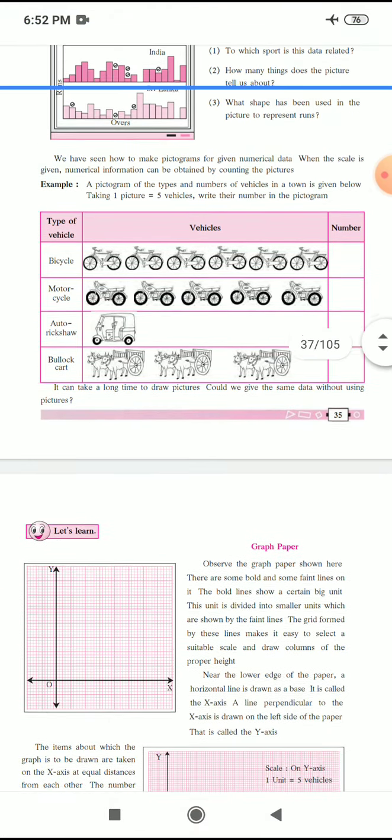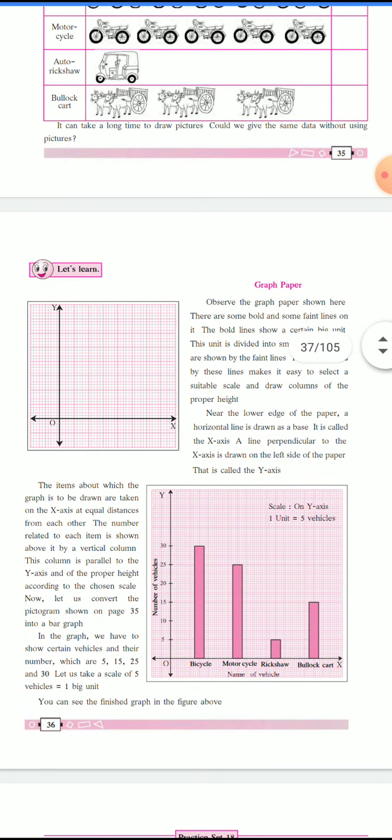Graph paper you can see on the next page, that is page number 36. Right? Now see, on the left hand side there is one photo of graph paper given. On this graph paper you can see the horizontal line named X and the vertical line named Y. This X and Y line is respectively called X axis and Y axis.